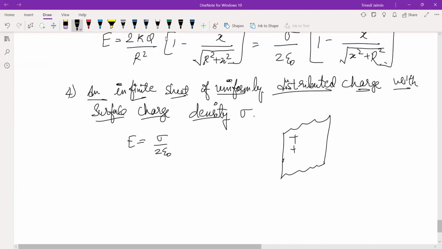Some charge from here, any surface, any random surface. From here, we are taking a point P from where electric fields are passing. So there it will be sigma by 2 epsilon naught.